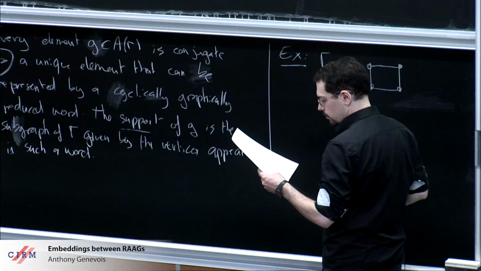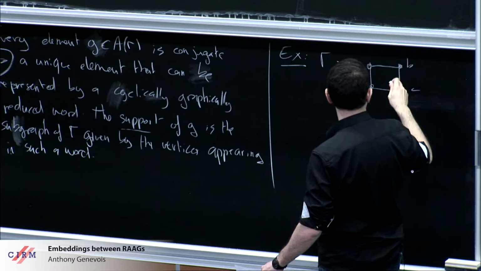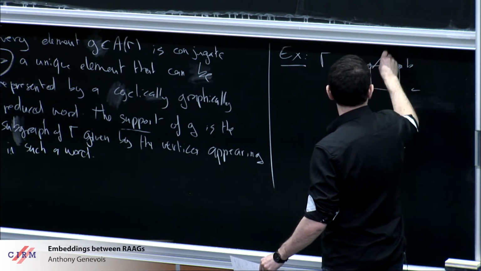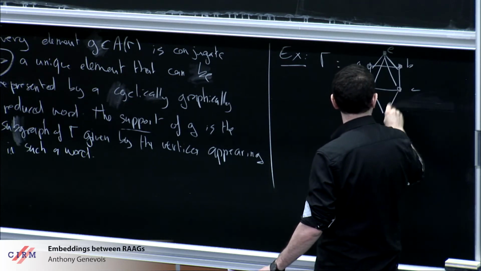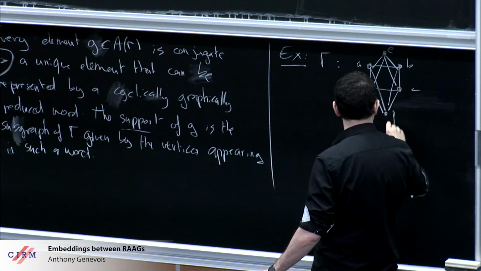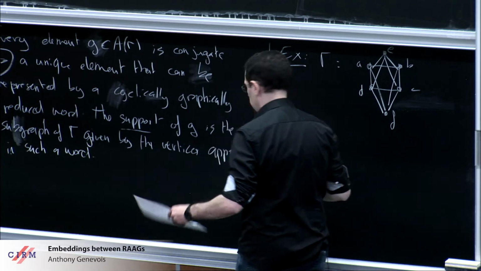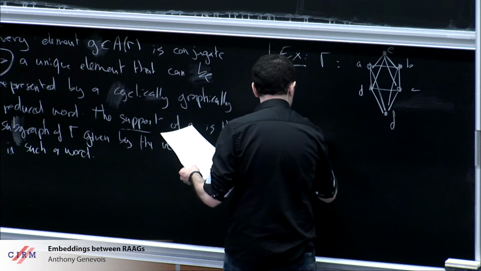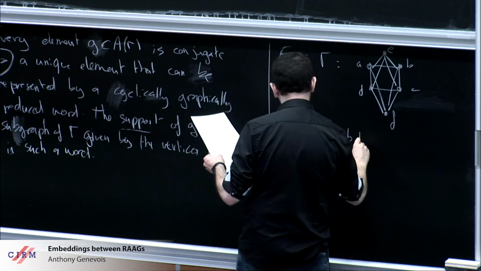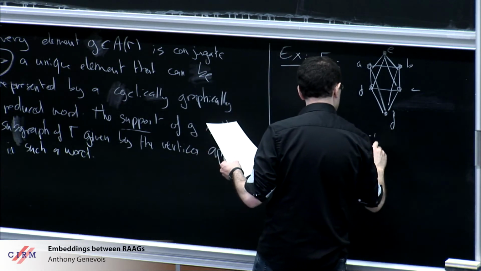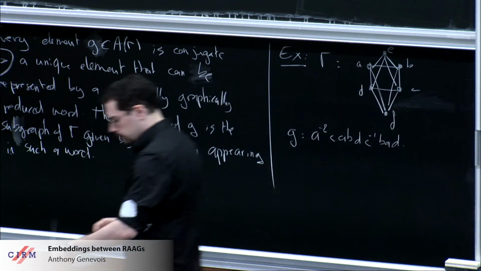I have a cycle A, B, C, D. I have another vertex adjacent to all the vertices, E, and another vertex adjacent to all these vertices, F. Now G is A minus 2, C, A, B, D, C minus 1, B, A, D. Okay, so it is an element.